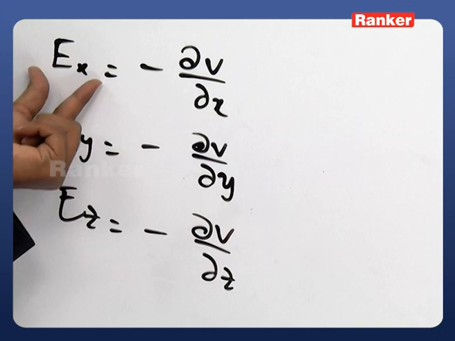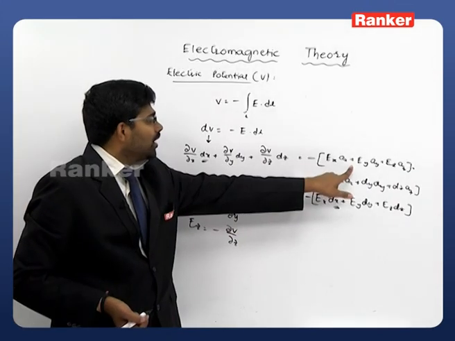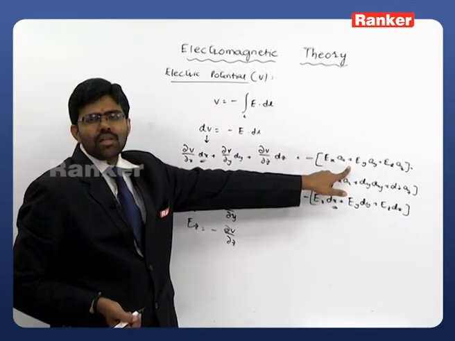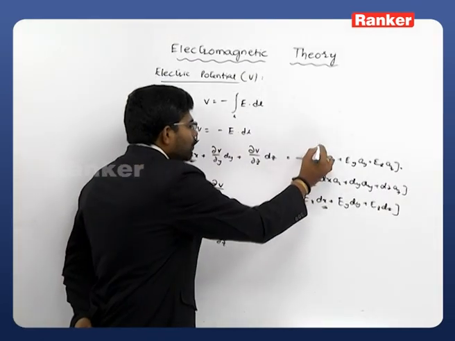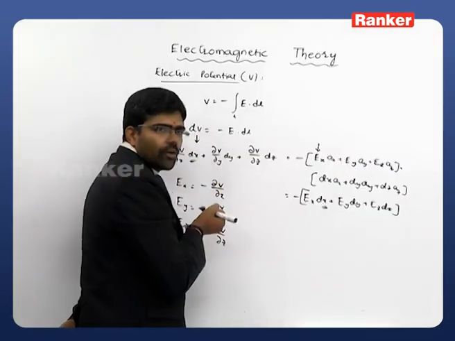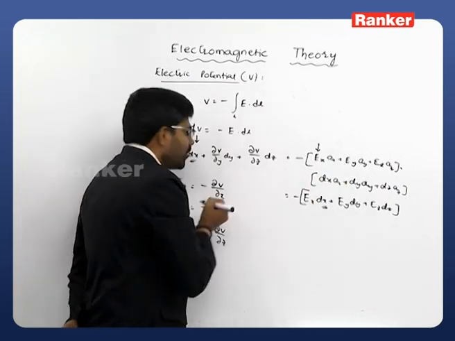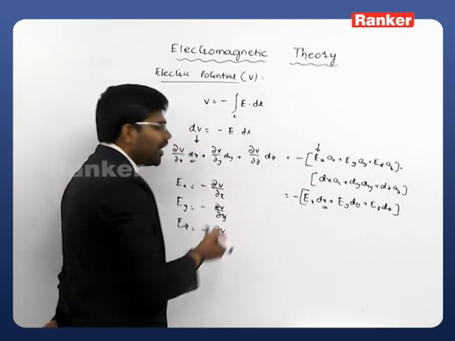Now replace this Ex, Ey and Ez in our absolute electric field intensity equation. So in the electric field intensity equation, instead of Ex we can write minus dou V by dou x. Instead of Ey, minus dou V by dou y. Instead of Ez, minus dou V by dou z.